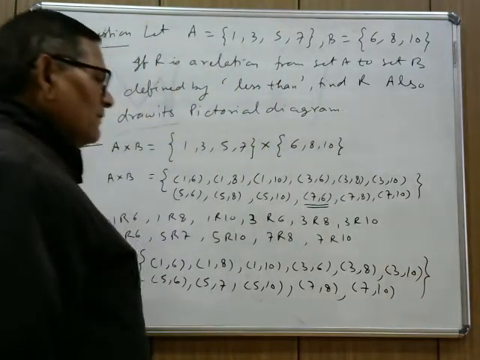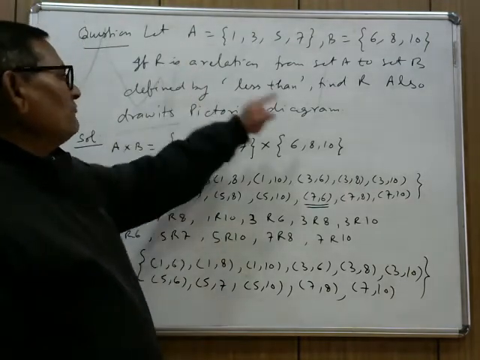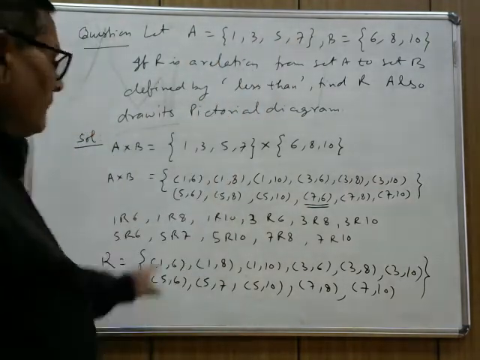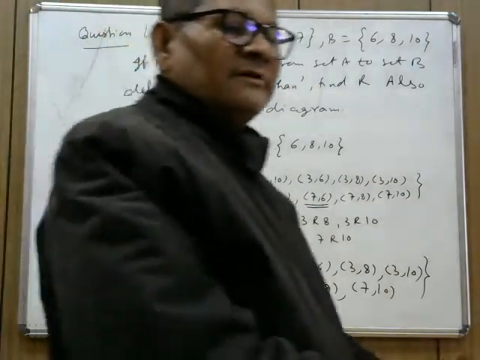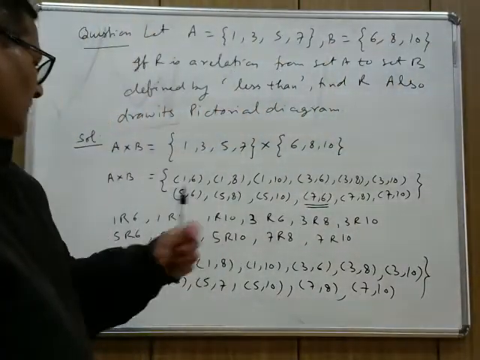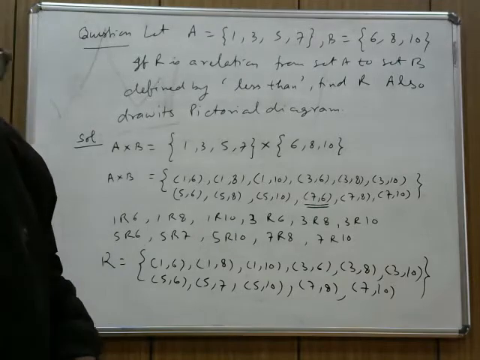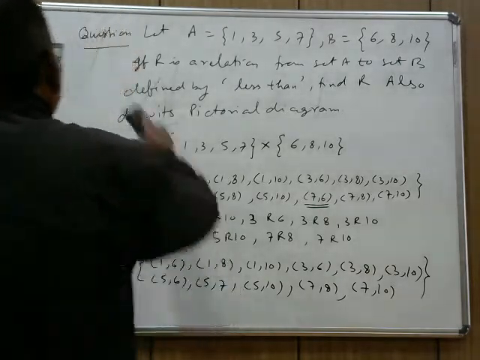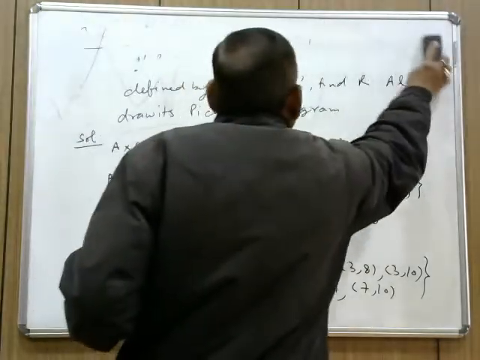These are the elements of the relation. Your question was to find R, so you have found your R. In this way, by listing the elements of your relation, you have obtained the set, the relation R. And now you have to show this relation by pictorial diagram.